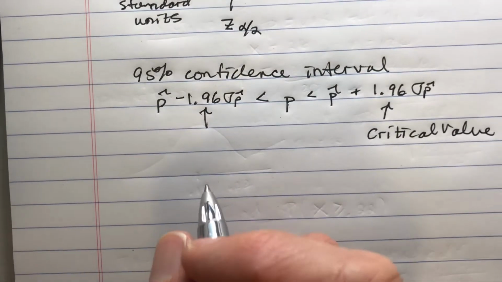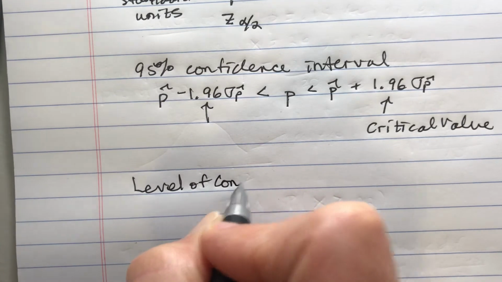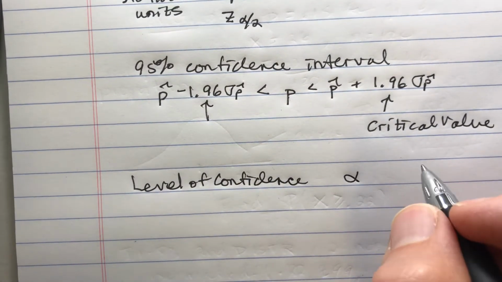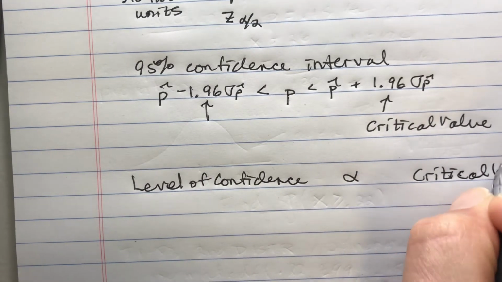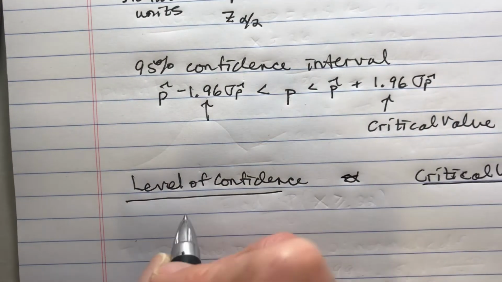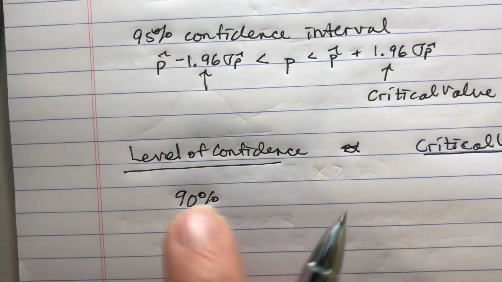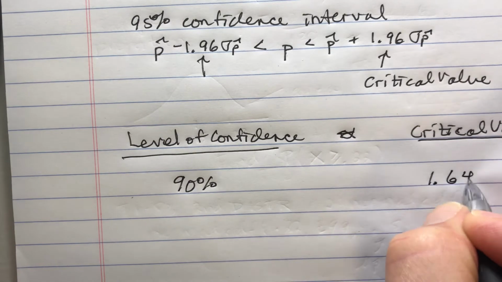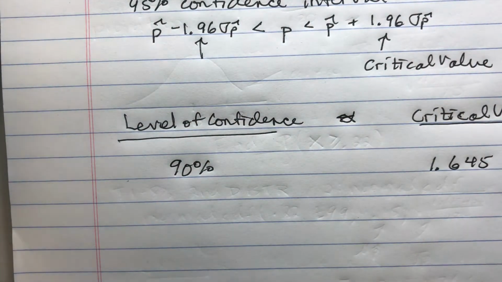So let me make a chart here. If I have level of confidence, and then I have alpha, and then I have the critical value. I don't even know why I have to write alpha. So maybe I won't even do that. Let's just leave that off. So for 90% confidence intervals, I have 1.645, and this is a number that's been calculated for us.